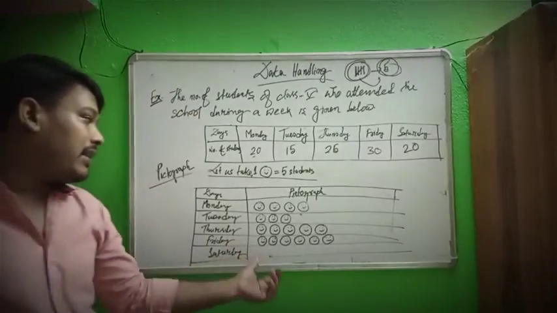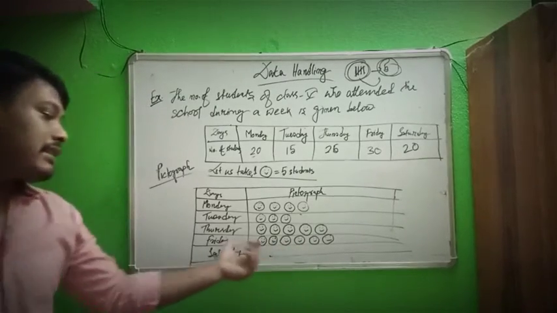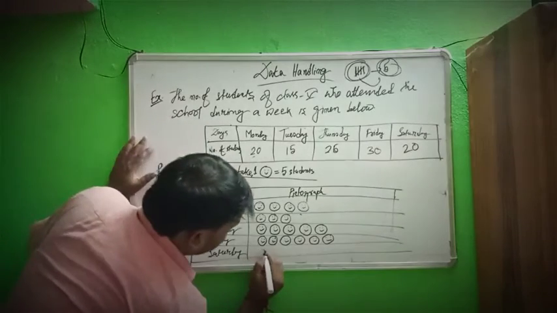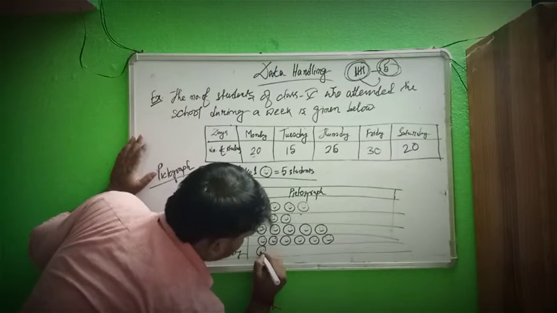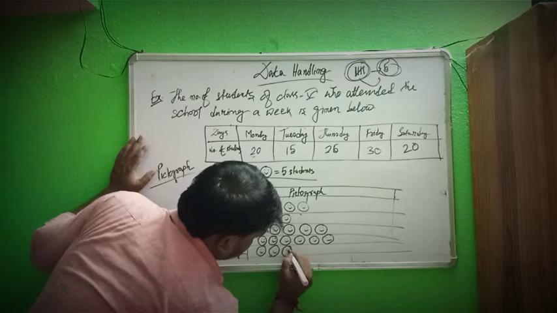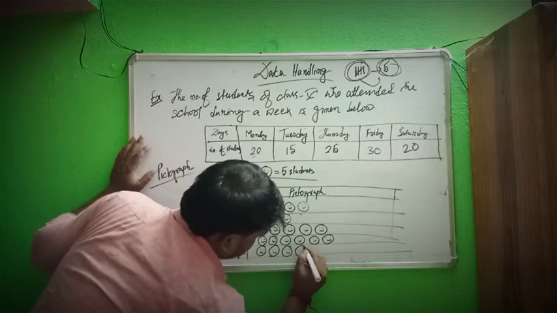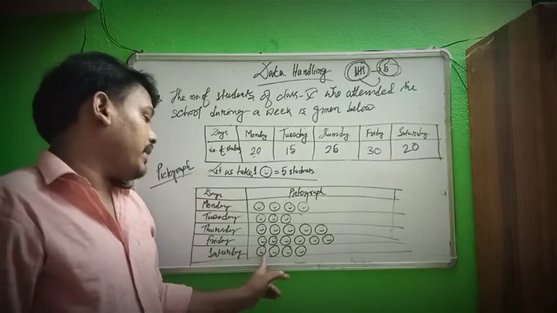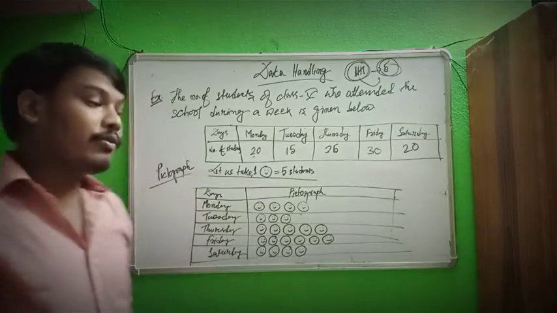If we add 6 times 5, then it will be 30. Next is 20. So 5 plus 5 plus 5 plus 5, 20.